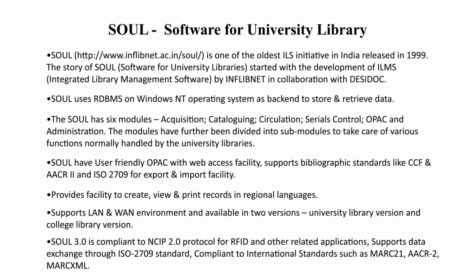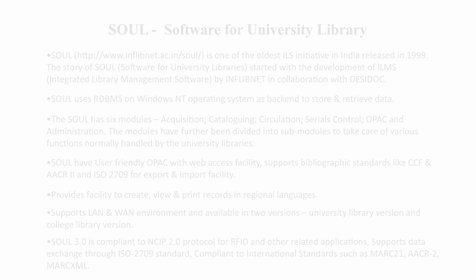Now let's come to the next zone, and my favorite zone you can say, that is called the open source zone. The very common example under this zone, or you can say this type of software, is Koha.